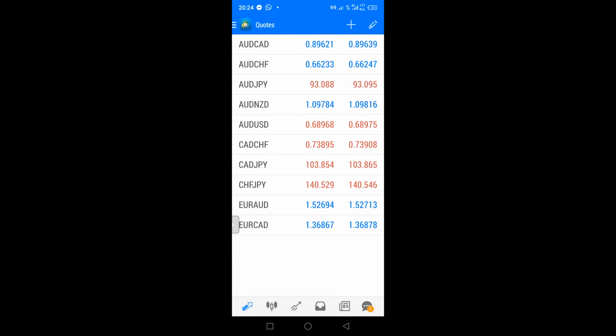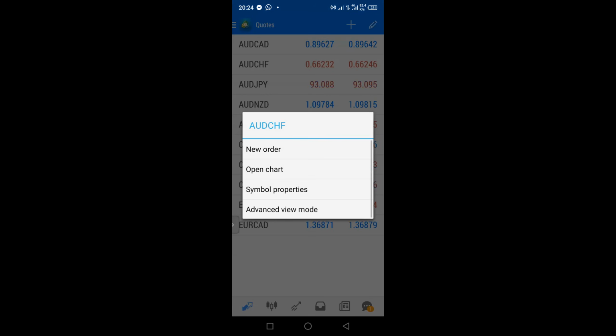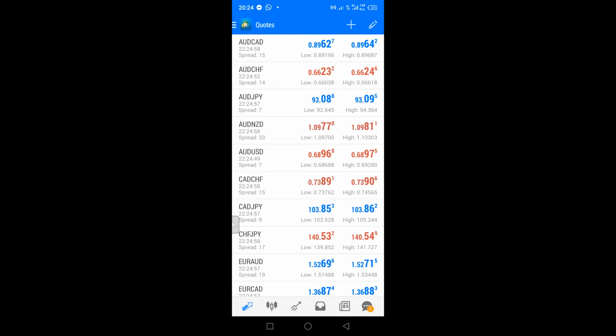So you can have two modes. You can have the simple view mode, or you can have the advanced view mode, where it gives you the spread and it even gives you the time, right? And it tells you that one price is the low and another price is the high. Again, I won't be bothering you guys with the details of what low, high is and what the spread is as at this point.